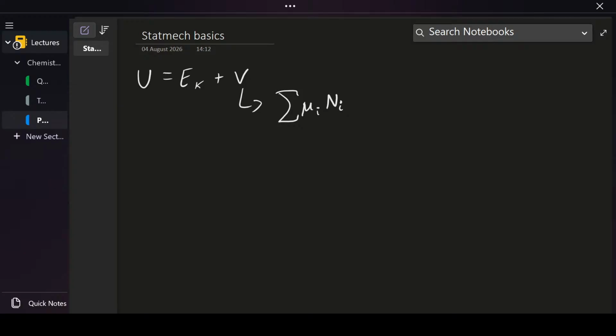So anyways, if we were to consider a small change in U, the different ways I could change the internal energy of my system, first of all, there are the ways I could change the potential energy, and so that's due to changing the number of each type of particle in my system. And so this term for the change in chemical potentials is just going to be μ_i dn_i.